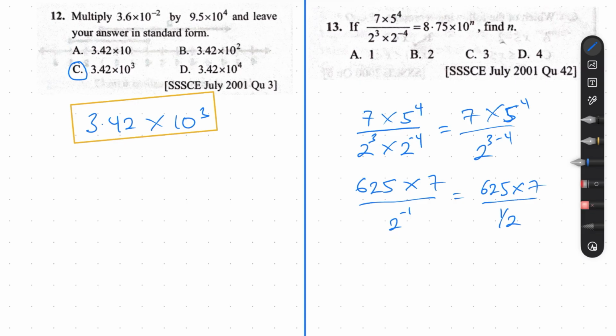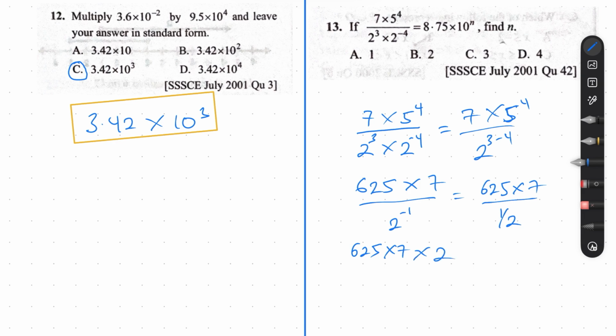And we know when we are dividing by a fraction, we can change it to multiplication. So we're going to have 625 by 7 divided by 1 over 2. So when we change this division into multiplication, the 2 comes up, so it will multiply everything. So let's just do that right here. So we're going to have times 2.